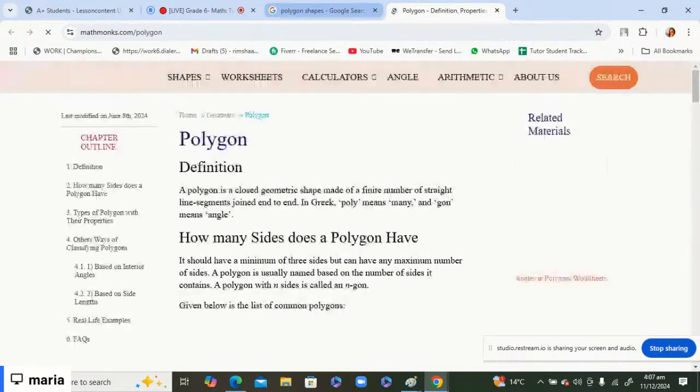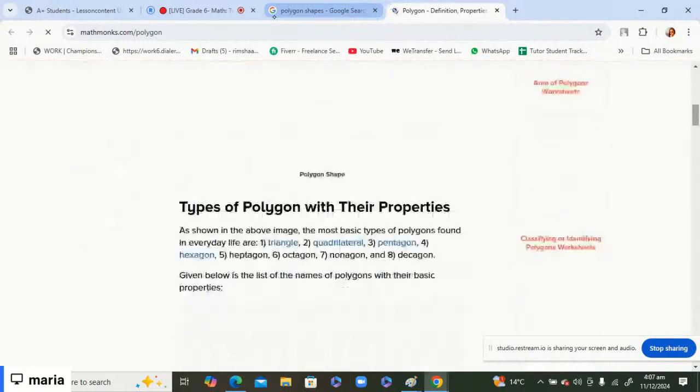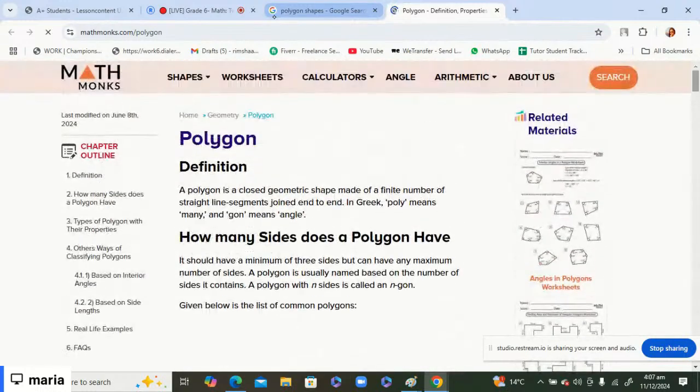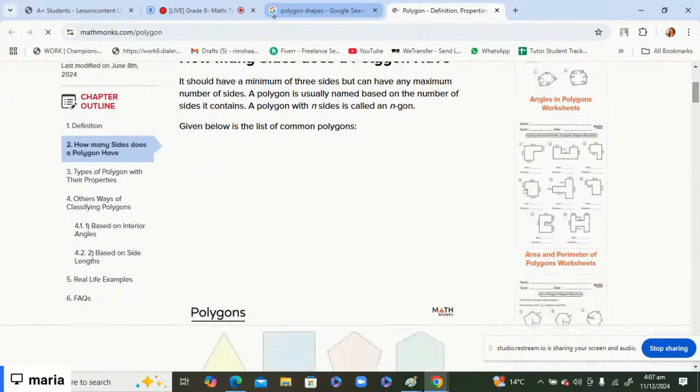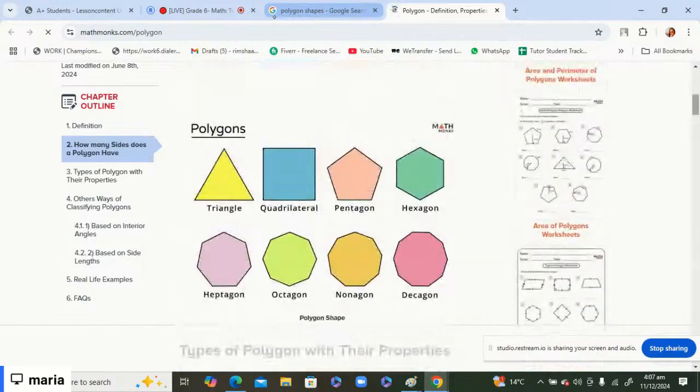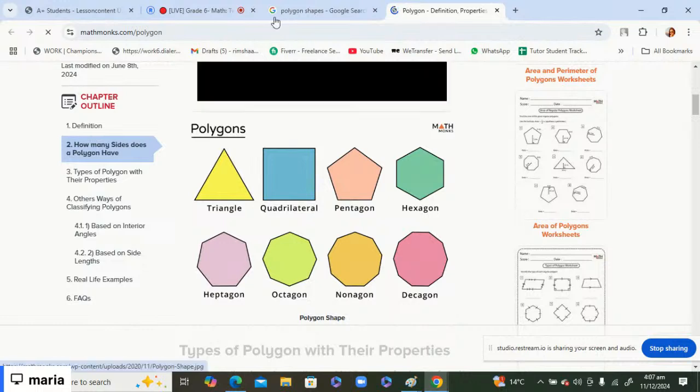So when we see these things, we can say that these are all the types of polygons. Look at the different shapes. A polygon is a geometric shape. And look at these shapes: triangle, quadrilateral, pentagon, hexagon, heptagon, octagon, nonagon, and decagon.